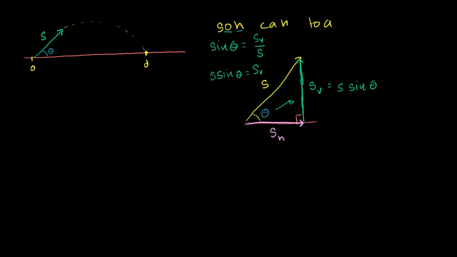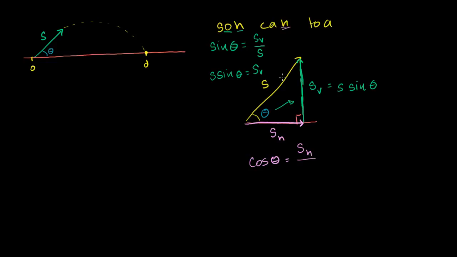And now for the horizontal component, we do the same thing, but we don't use sine anymore. This is now adjacent to the angle. So cosine deals with the adjacent side and the hypotenuse. So we could say that the cosine of theta is equal to the adjacent side to the angle, so that is the horizontal speed, over the hypotenuse.